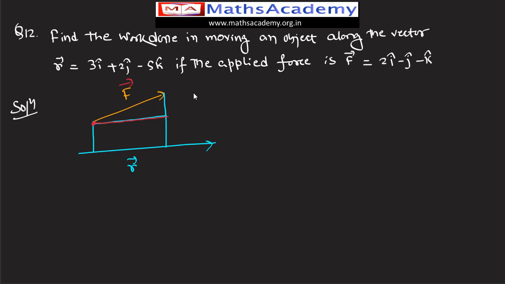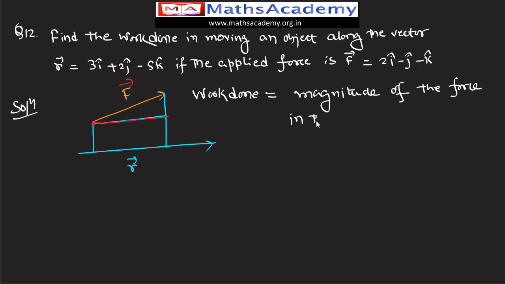So this is my F vector, that is the force, and this is the displacement. So you know the definition of work done. Work done is equal to magnitude of the force in the direction of motion, into distance moved.